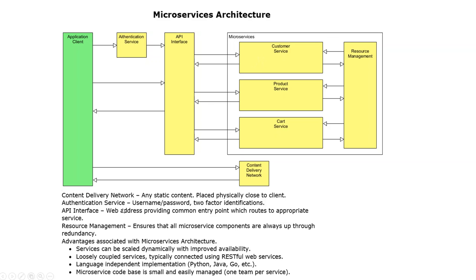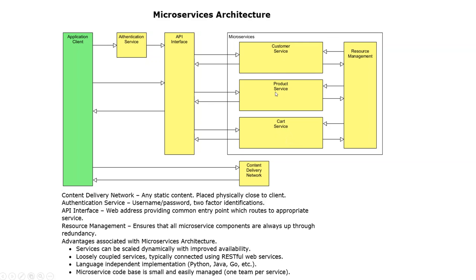Another advantage is that these services are loosely coupled so that you can deploy them individually. You don't have to deploy everything at the same time. You can deploy the customer service component, the product service component, and the cart service component all independently of each other. Typically, for this kind of architecture, the components themselves are connected to each other with RESTful web services.